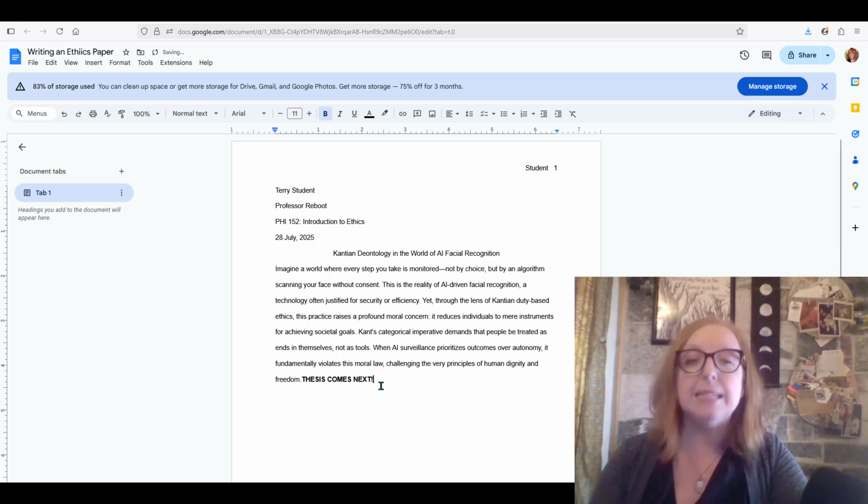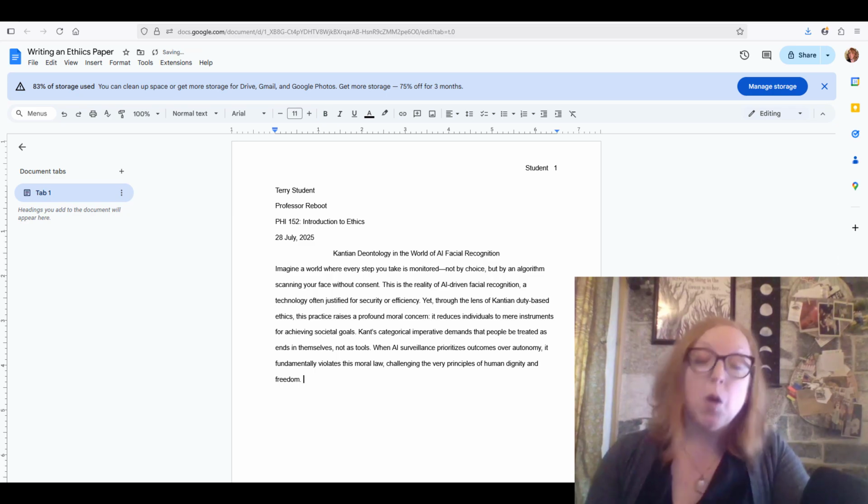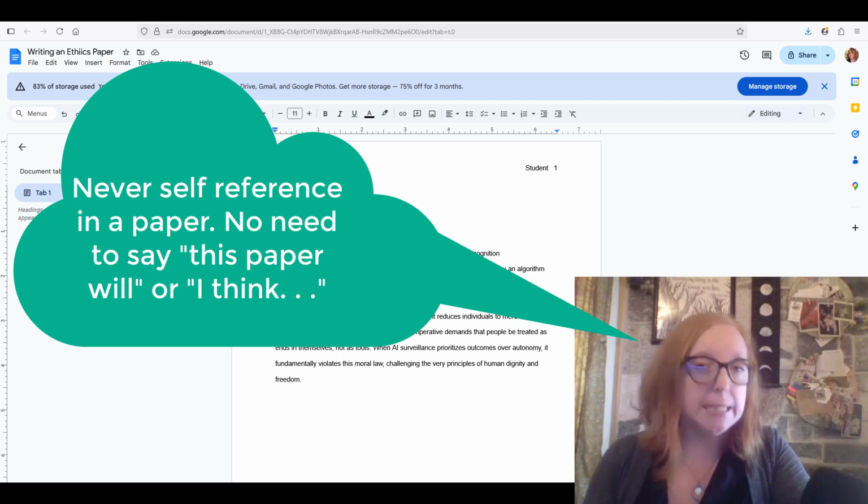Now, your thesis is the backbone of your paper. It should state your ethical position and reference the theory you're using. Next, when we write a thesis statement, or really any paper, we never self-reference in the paper itself. That means you will not use phrases like, "Using Kantian deontology, this paper will."